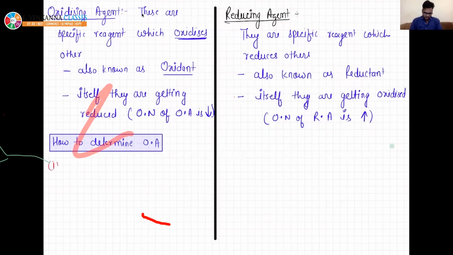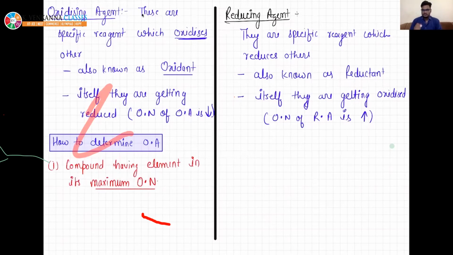First thing is, a compound having an element in its maximum oxidation state. At least one element should be in its maximum oxidation number.